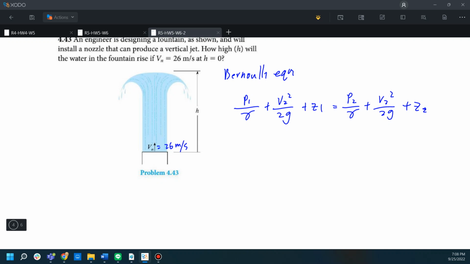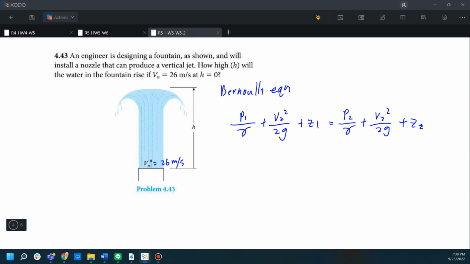And again, if you want to see the detailed derivation of the Bernoulli equation, please go through the textbook. They have a thorough derivation for this equation. But here, I'm going to teach you how we can solve the problem by using the Bernoulli equation.